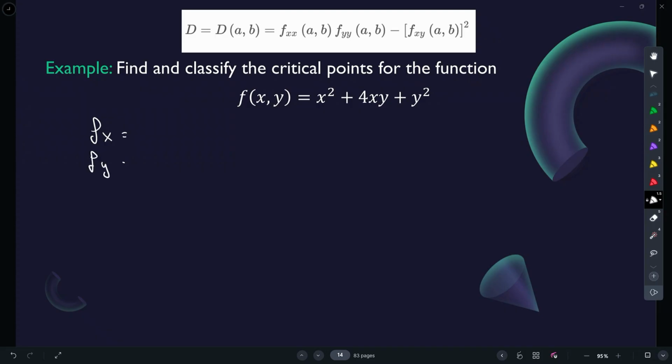The coordinates of the gradient vector: the derivative with respect to x is 2x plus 4y. With respect to y, I get 4x plus 2y. Check my work because I get my algebra wrong all the time.